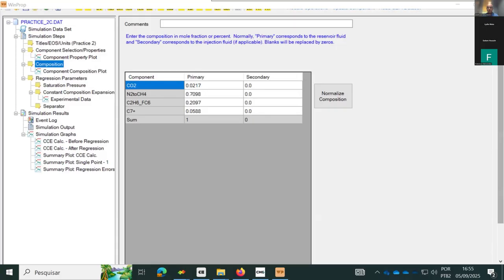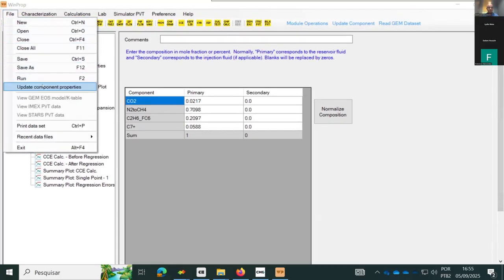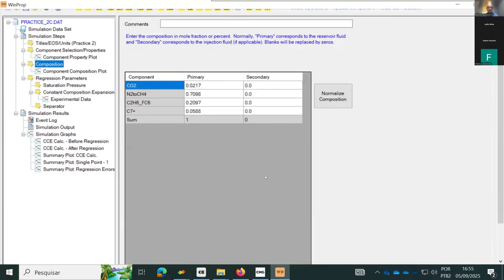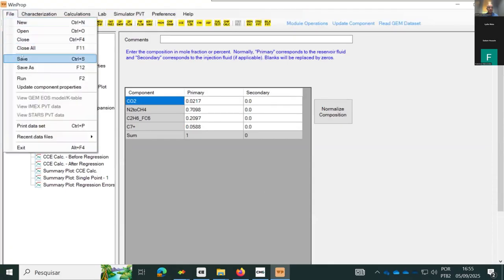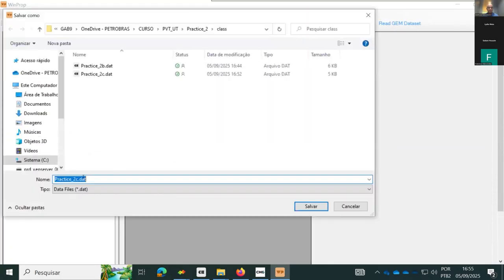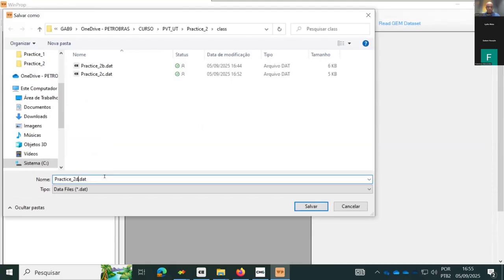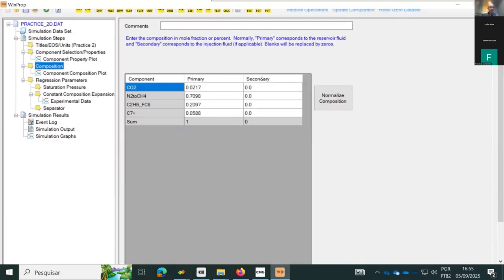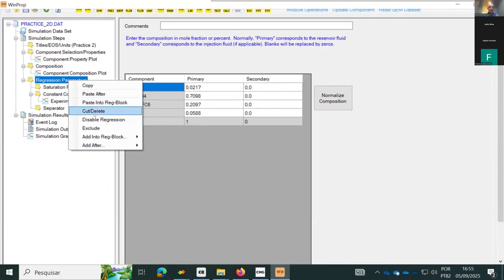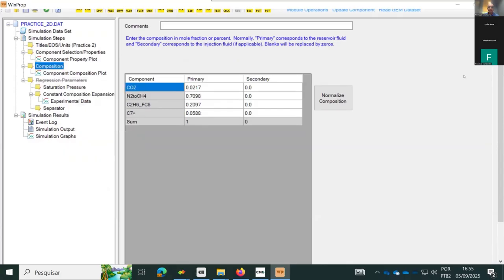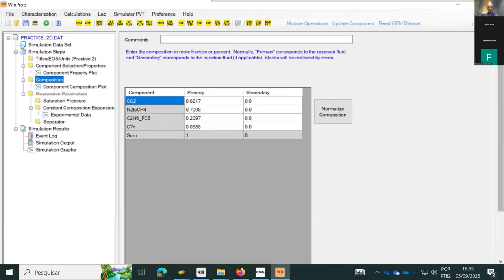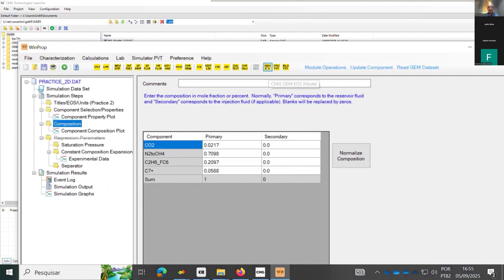So now we can update again. We can save with another name. We can disable our regression parameter, and we can export the file for GEM.